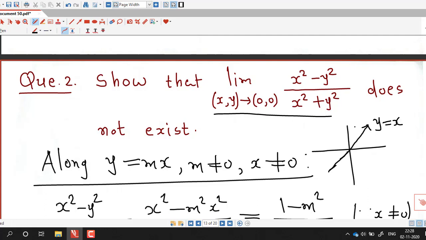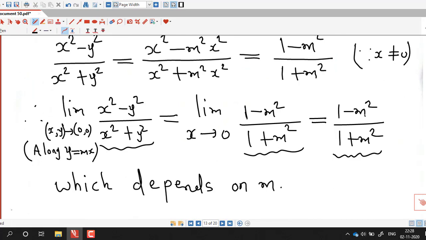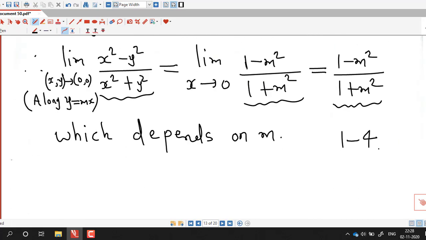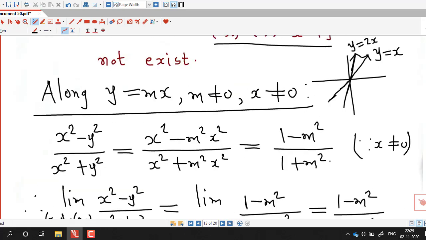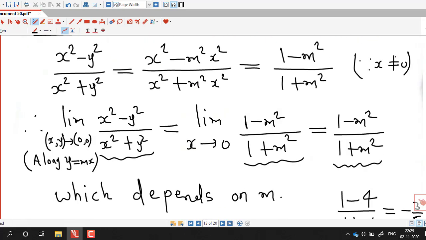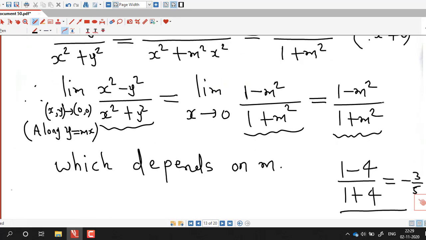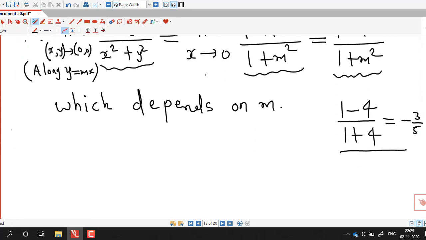Now if we take y equal to 2x, we have to put m equal to 2, and we get 1 minus 4 over 1 plus 4, that is minus 3 by 5. So that limit is different from the earlier one. Along y equal to x, the limit is 0. Along y equal to 2x, the limit is minus 3 by 5.